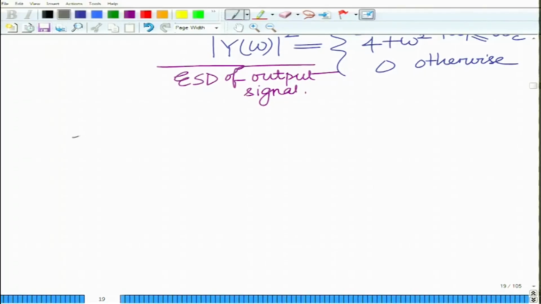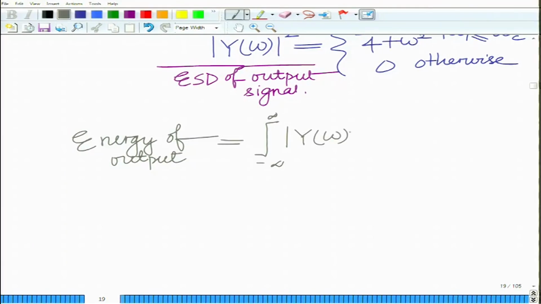So, therefore, the energy of the output, now we have a very interesting application of the energy spectral density. It is the integral from minus infinity to infinity of magnitude Y of omega squared d omega, which is from minus omega c to omega c. In fact, I have to have a factor of 1 over 2 pi, a constant scaling factor.